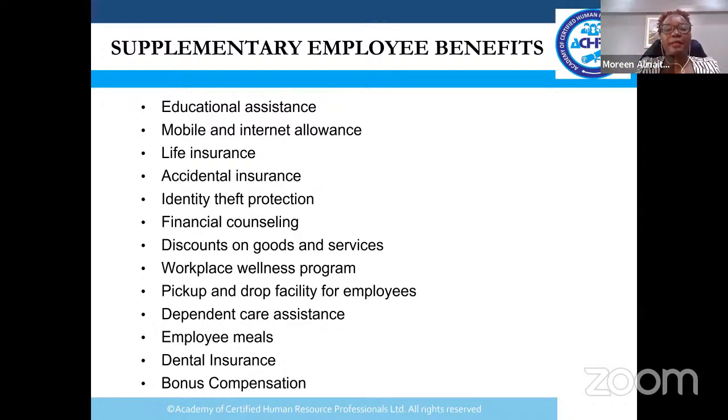We now move on to supplementary employee benefits. These ones, you can choose to offer or not to offer them. These ones are not a must.